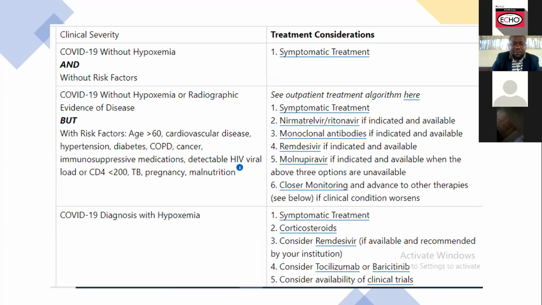If they have any medical condition or other pathology, you have to treat it.